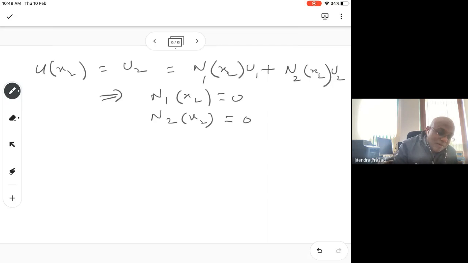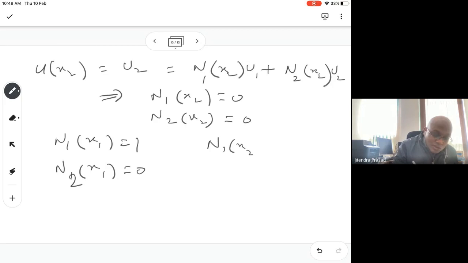So we have these values. Which values? We have N1(x1) equal to 1, N2(x1) equal to 0, and then we have N1(x2) is equal to 0. Sorry, here it should be 1, and N2(x2) equal to 1.